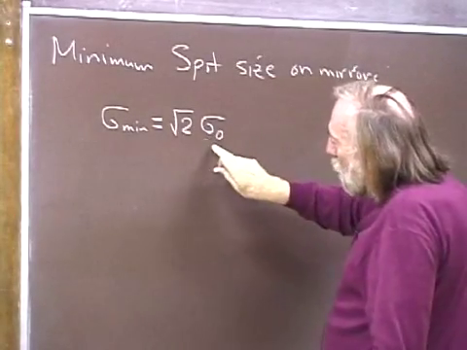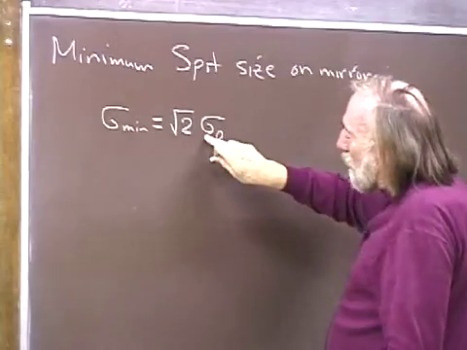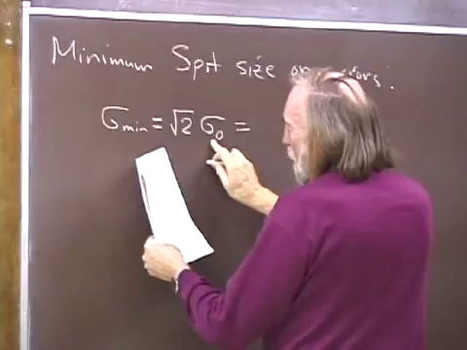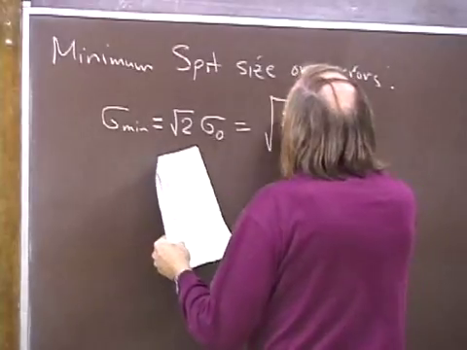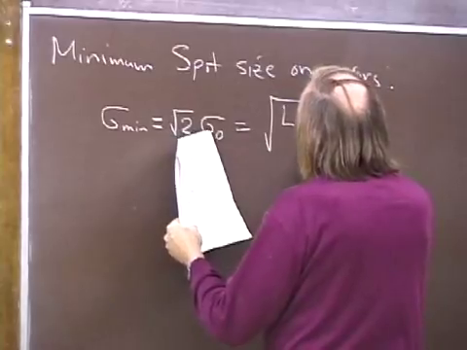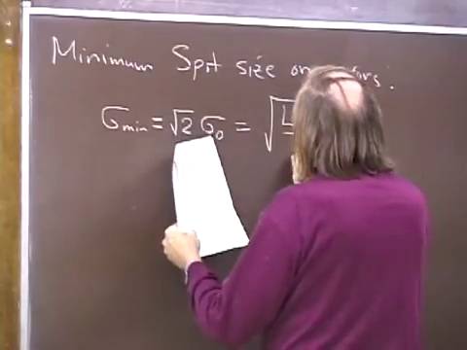But I haven't yet told you how I should choose sigma naught. It shouldn't be too small and it shouldn't be too big. And that choice for sigma naught gives sigma min equal to the square root of the arm length of our cavity, lambda e, divided by pi.